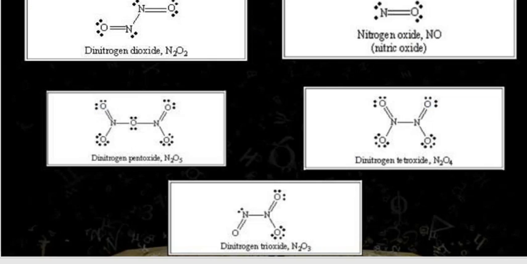Now we can see the Lewis dot main resonance structures of these oxides of nitrogen. First is dinitrogen.